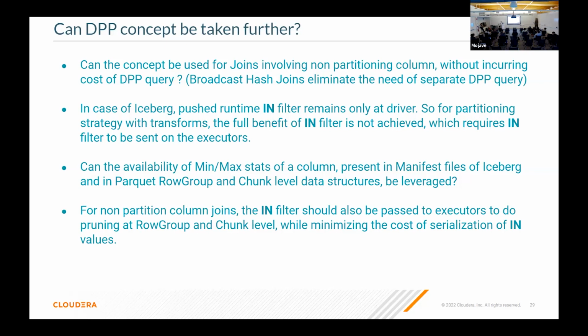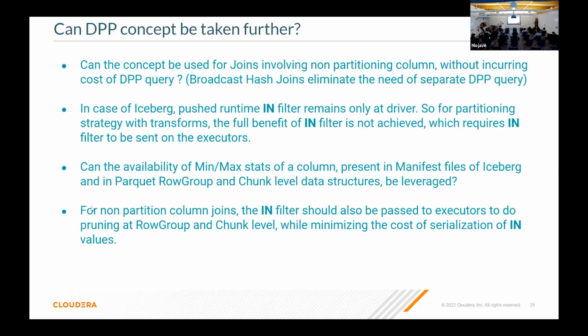On the executors, if the data is in Parquet, you have min max on comparable columns at row group level, at chunk level. So there are multiple places where a range of min max is available, and can that be utilized to prune the number of rows which emanate from the iterator on the executor?